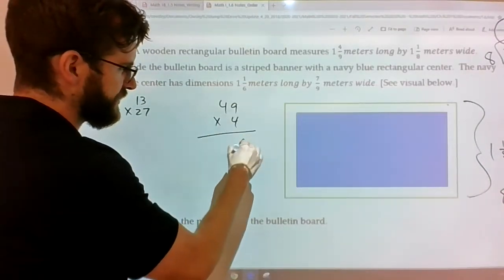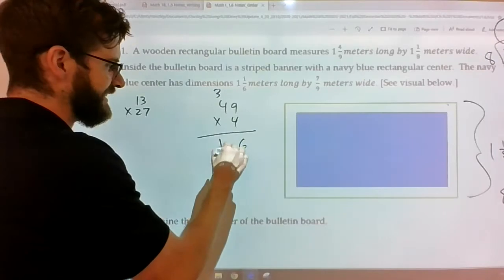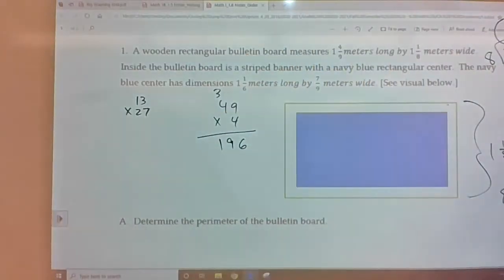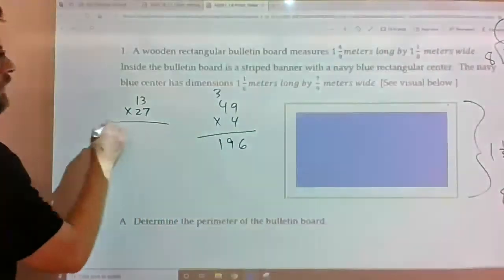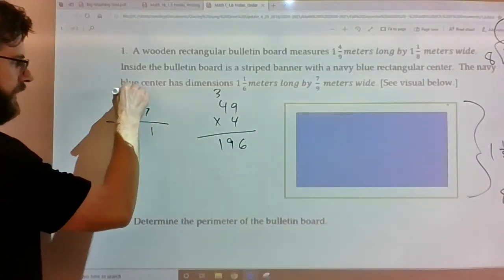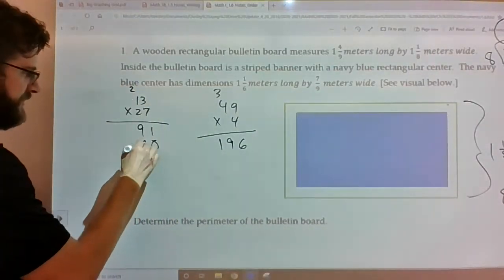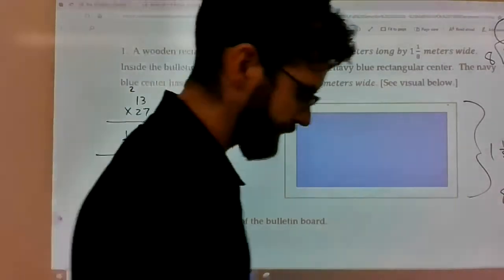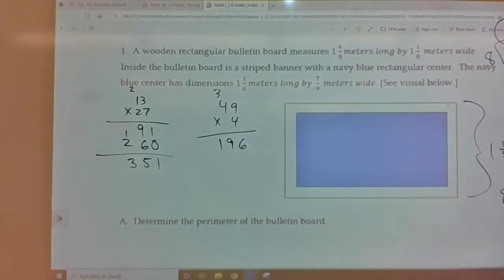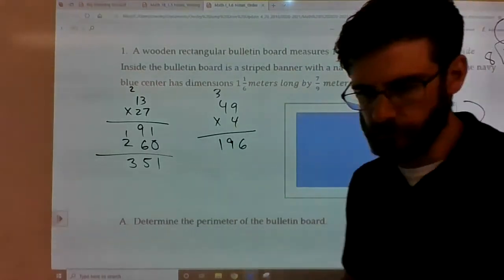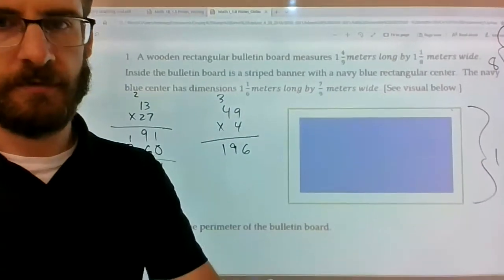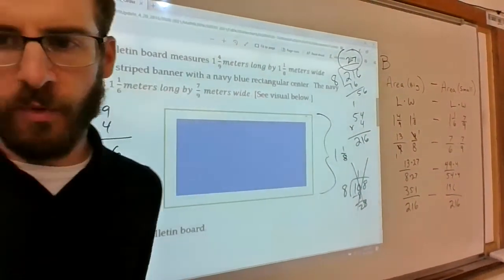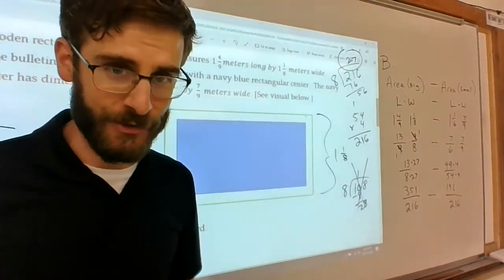So this is 351. And this is 196. So if you go right back over here, it was 351 over 216 minus 196 over 216.